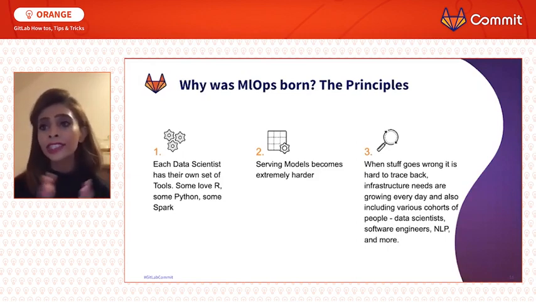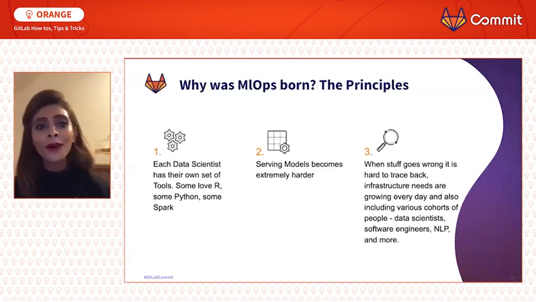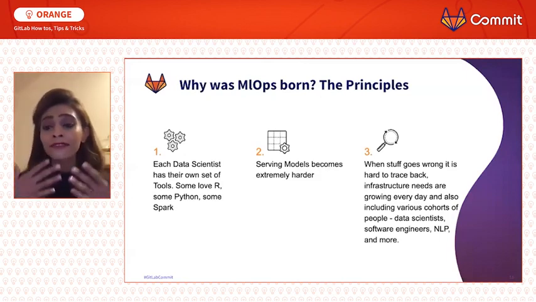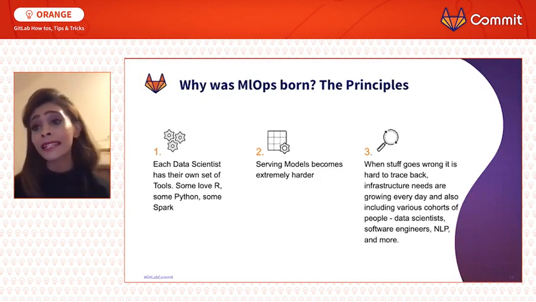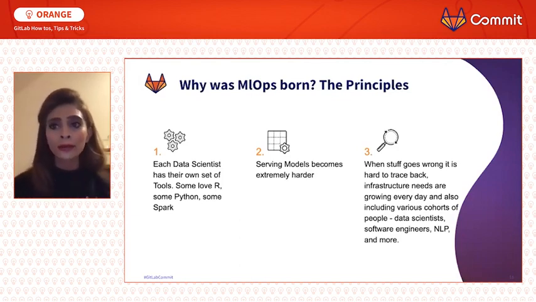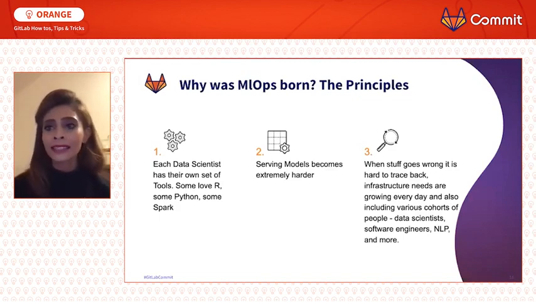Most of the time, each data scientist has their own set of tools and platforms where they feel comfortable doing the experiments. That is fundamentally quite different from traditional software development, where it's a rule-based Java engine and it's traditionally just DevOps. That whole process of experimentation is quite long. So that is one of the reasons why MLOps was born.